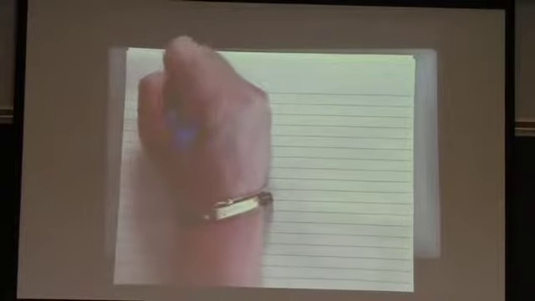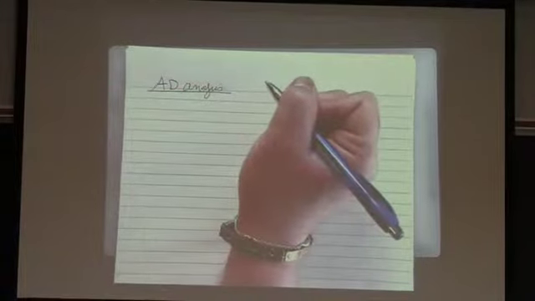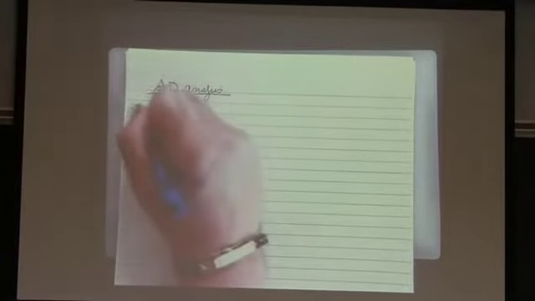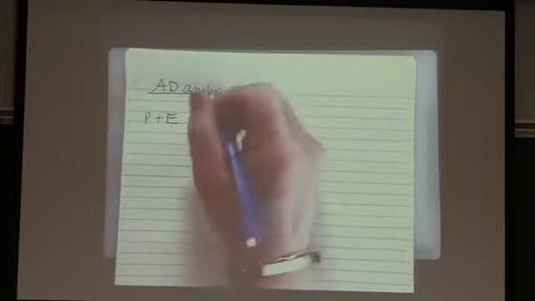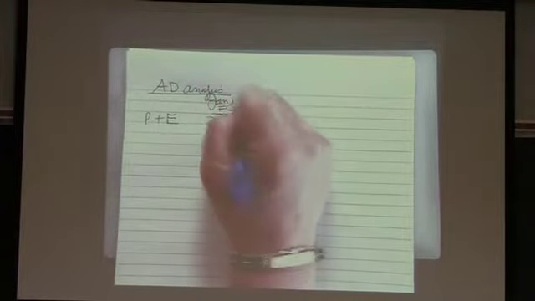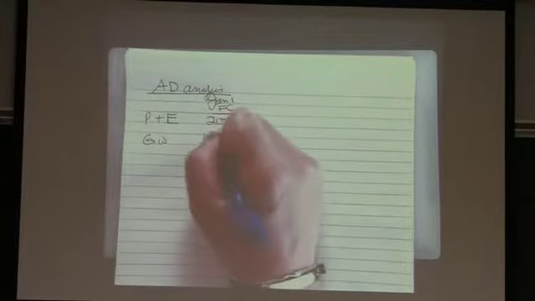Now remember, we're asked to do the consolidated income statement, balance sheet, and retained earnings, so we need to do the acquisition differential analysis, just like we did under the temporal method. So we've got plant and equipment, and this is January 1st. In foreign currency, this was 2,000. And we've got goodwill at 1,000.